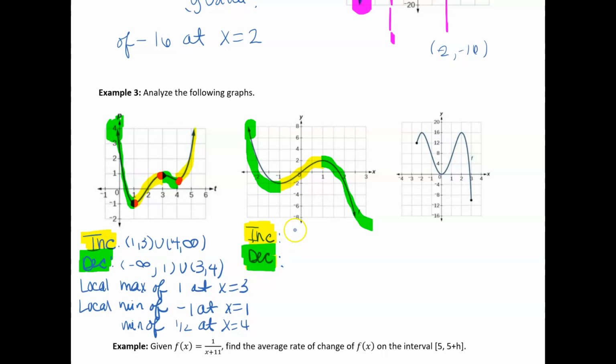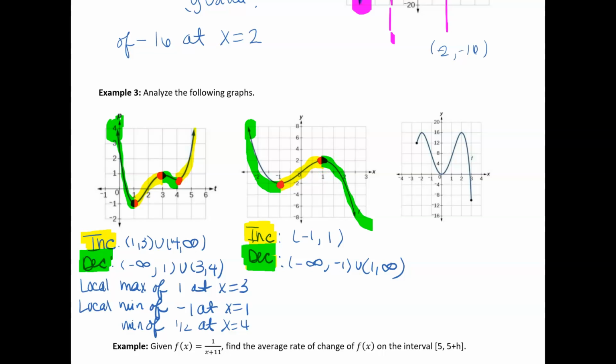So let's see, it's increasing from negative 1 to 1 using those x values, and then it's decreasing from negative infinity to negative 1, union with 1 to infinity. Now if we start talking about local minimums and maximums, we can see we're going to have a point here and a point here where we're changing colors.